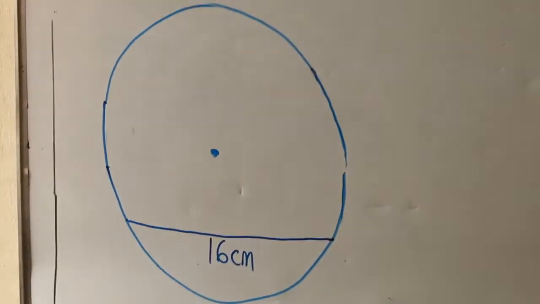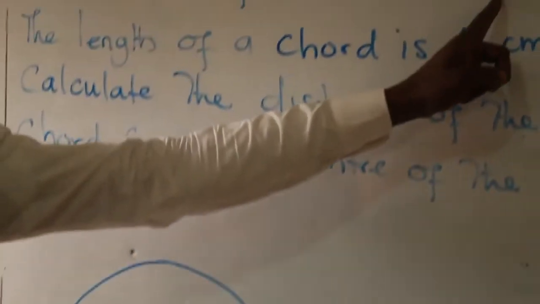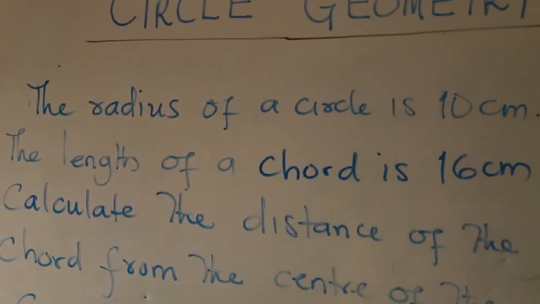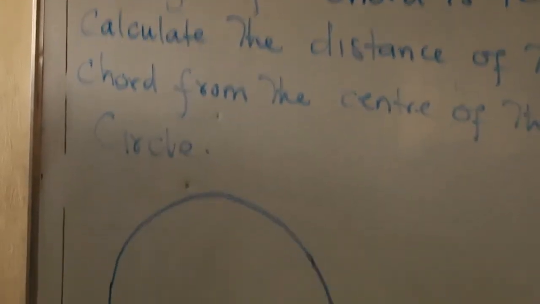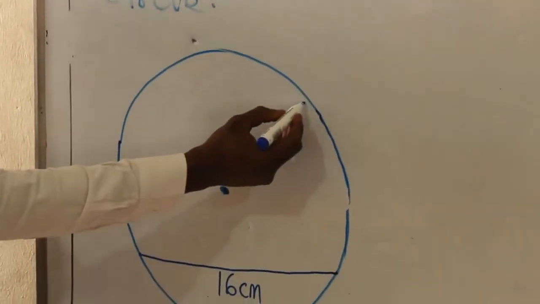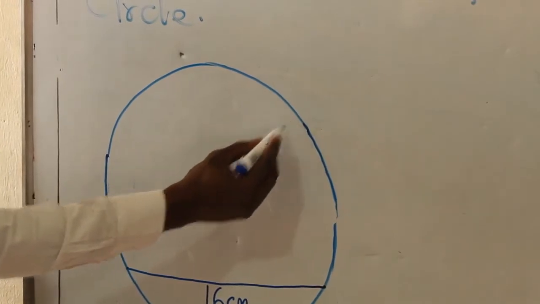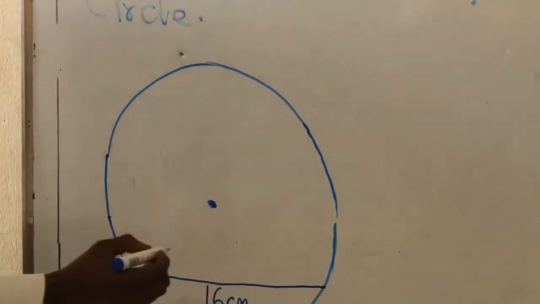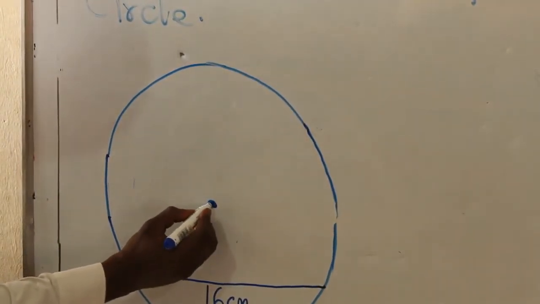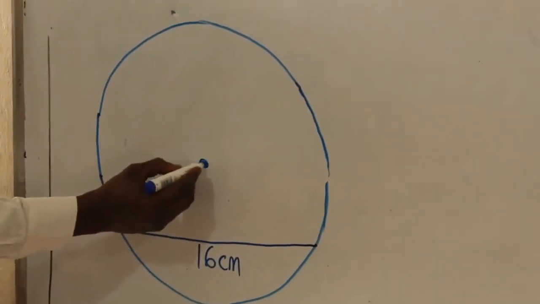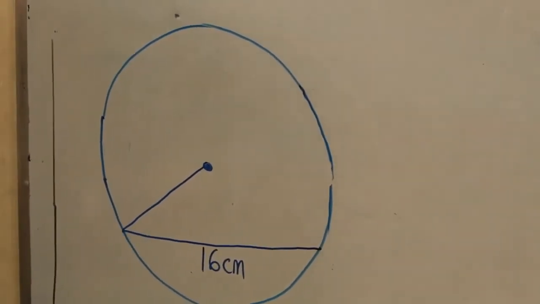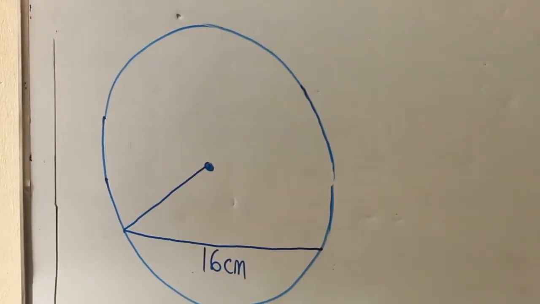Another information I was given here is that the radius of the circle is 10 centimeters. Like I said earlier, I can as well draw my radius from this center to any point on this path. But I know that I'm going to form a right angle triangle. So my preference is to draw it this way, so that it comes from the center of the circle to touch one end of the chord.